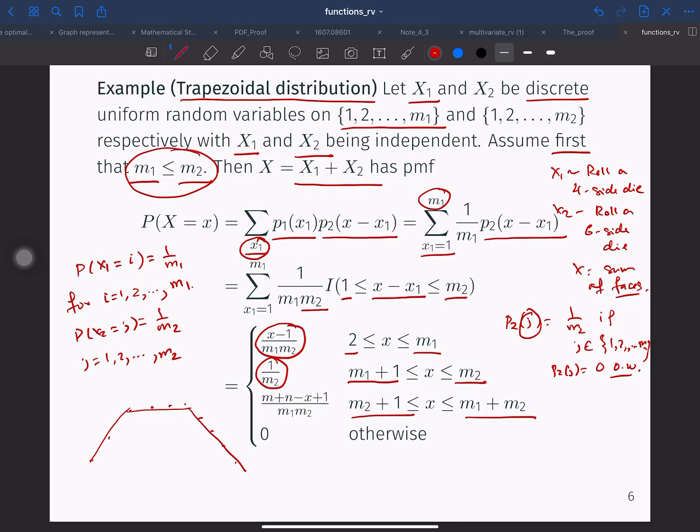In the case when M1 equal to M2, it is known as the triangle distribution. So the sum of two discrete uniforms follows the trapezoidal distribution.